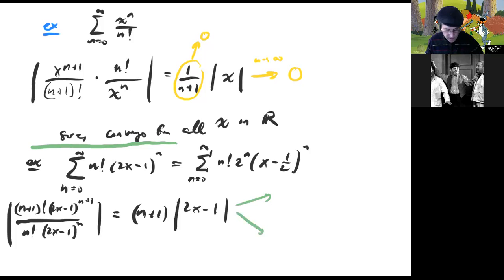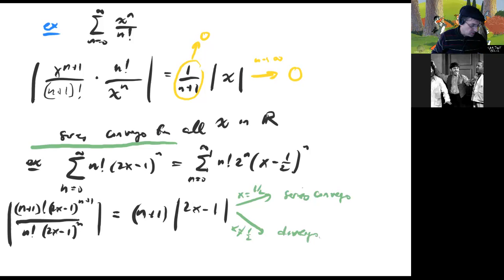If 2x minus 1 is equal to 0, in other words x equals 1/2, the series converges. And if x is not equal to 1/2, the series will diverge. So this was a case 1 situation.